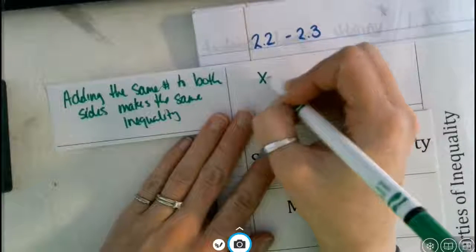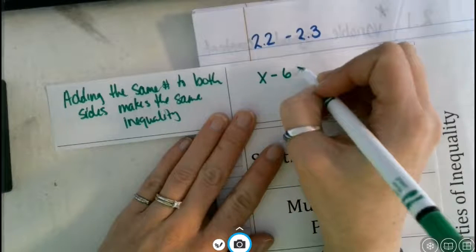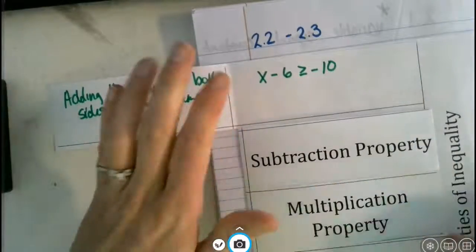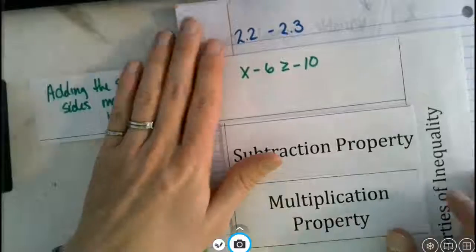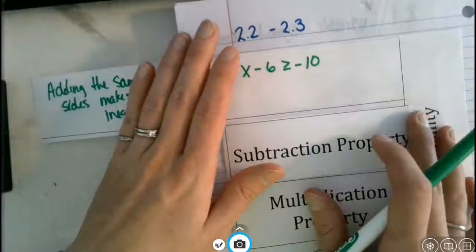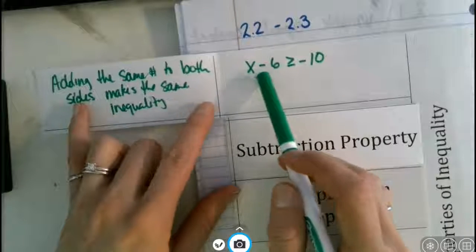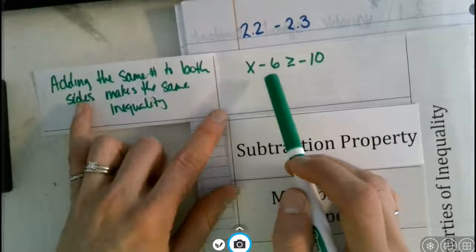I have x minus 6 is greater than or equal to negative 10. Remember in our last section we talked about how we like to keep our variable on the left side, and that's true here as well. Using the addition property, I see that something is being done to my x, and I have to undo that.